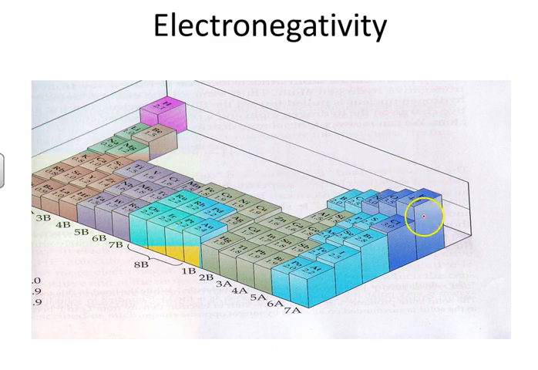Okay, you can also see from top to bottom the group trend. As we go down the halogens from fluorine to astatine at the bottom, there's a decrease in electronegativity.